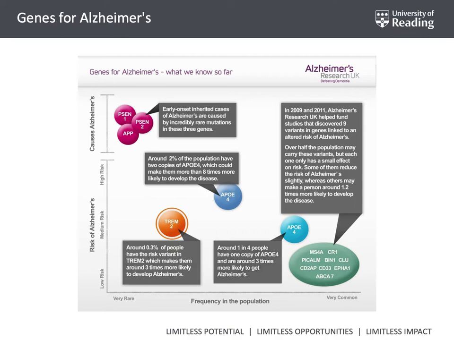Everyone always asks, in terms of risk factors, how common, or in terms of the population, what is the frequency of these genetic variants. This is a nice little infographic from one of the leading charities, Alzheimer's Research UK, and it shows TREM2, which we talked about.